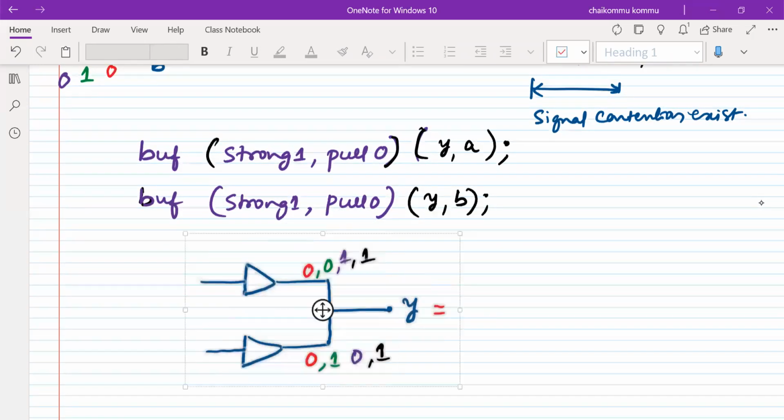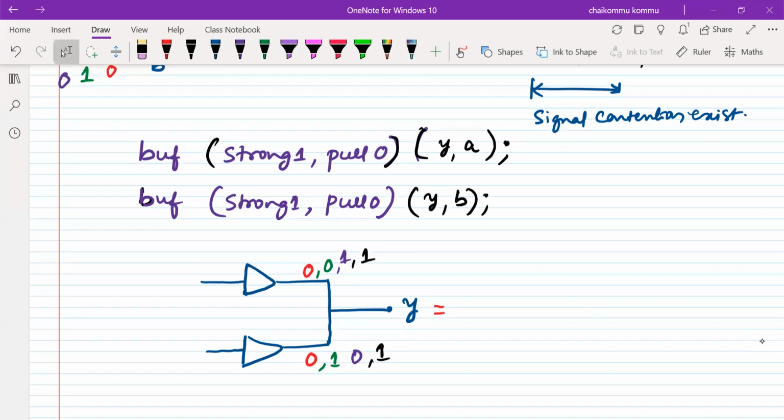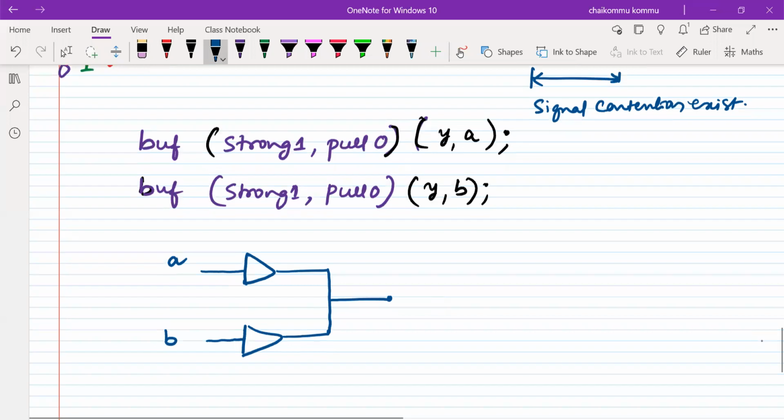Now tell me, what is the output? Did we resolve this problem of contention or not? Let us look.